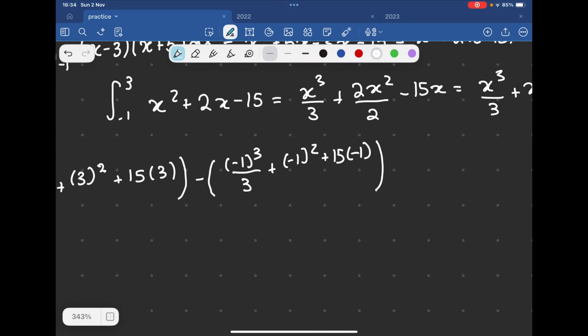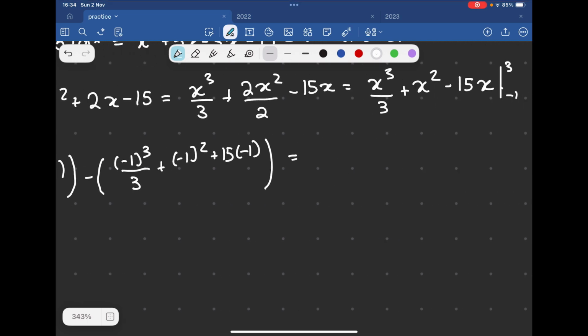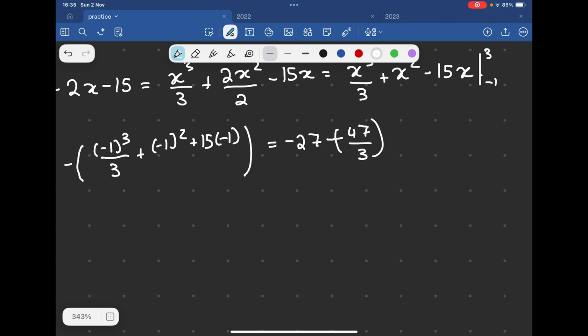So now that we've plugged in, we can just use our calculator, and we get minus 27 minus 47 over 3. Now don't be afraid of these fractions. Just because it's a fraction doesn't mean that it's entirely wrong. Sorry, I just realised that we're missing a minus there.